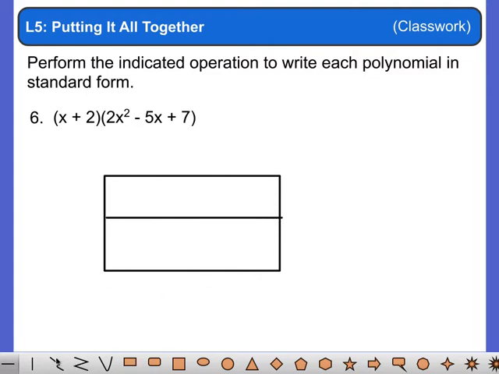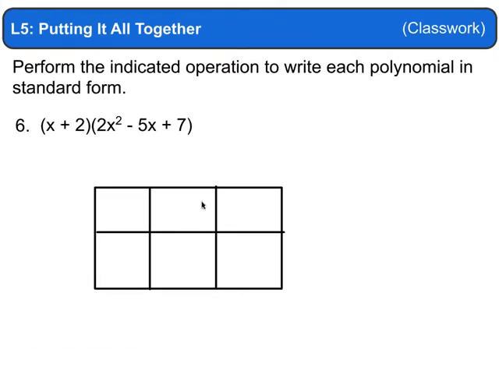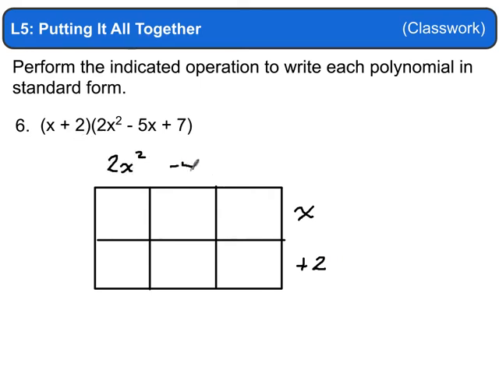So there's my 2 rows, and I'm going to need 3 columns. Right, we'll space that out a little bit better. That looks nicer. And so we put x plus 2 here on the side, 2x squared minus 5x, and then plus 7. So we fill it in.